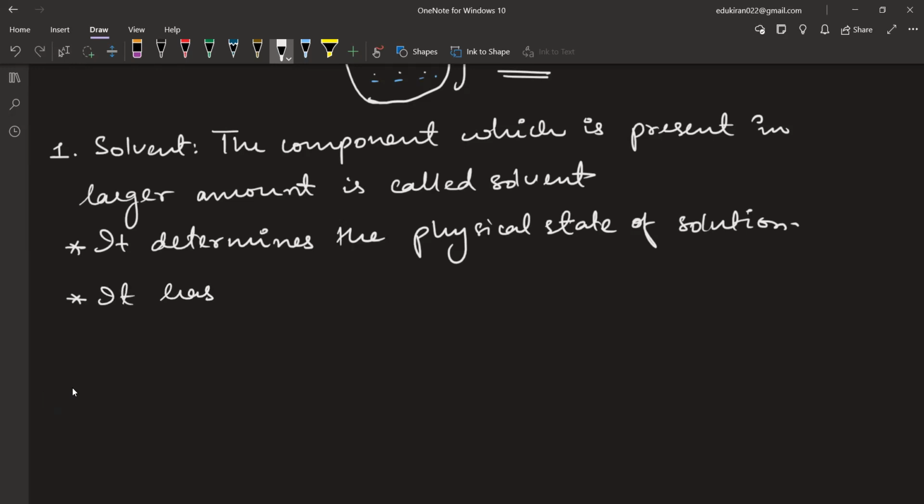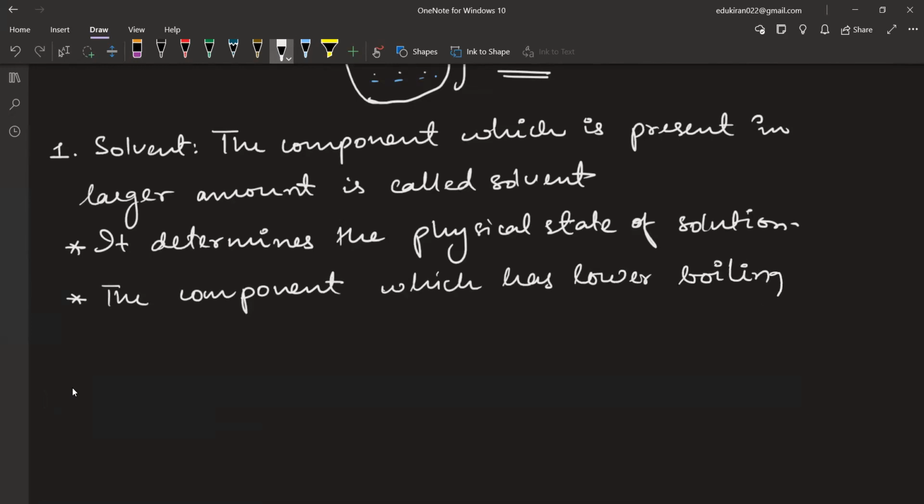Oh, wait a second. If there is time, please write here. The component which has lower boiling point than other component is also called solvent.